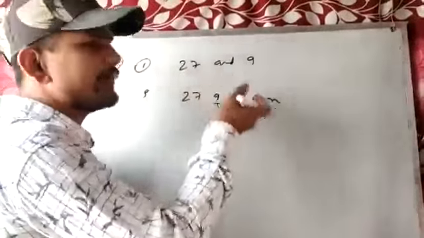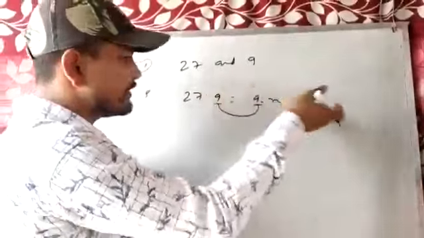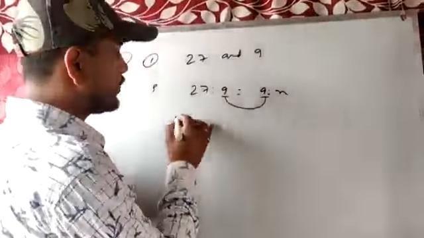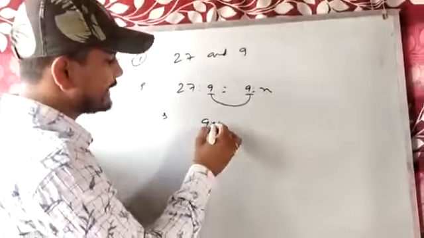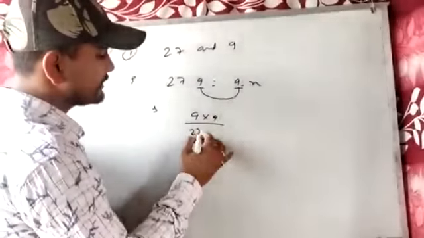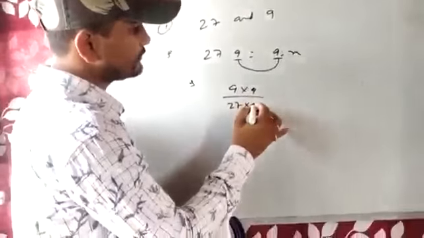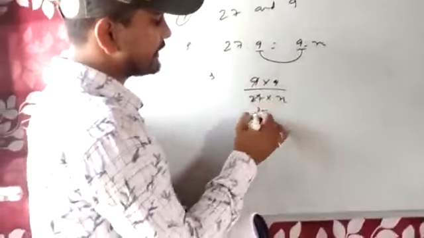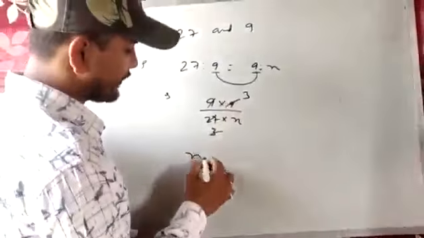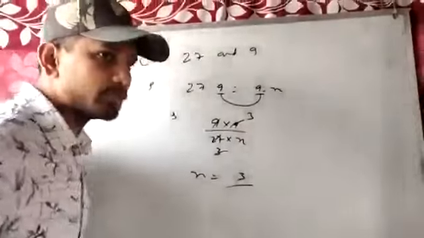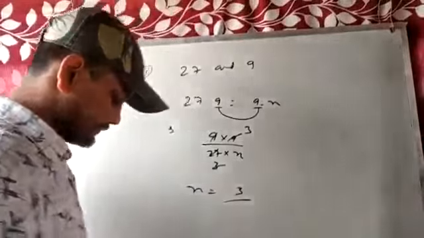If the second term is given as 20, I'll write the third term also 20. Now 9 into 9 by 27 into x. 9 3s are 27. So the value of x equal to 3 and the third proportion is 3 also.